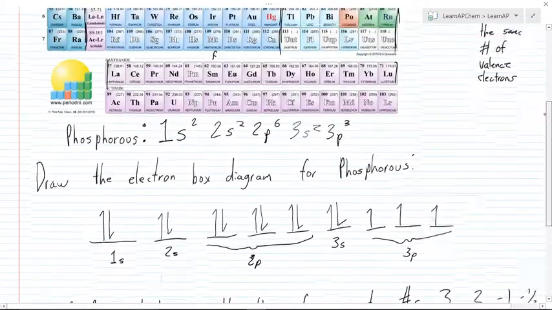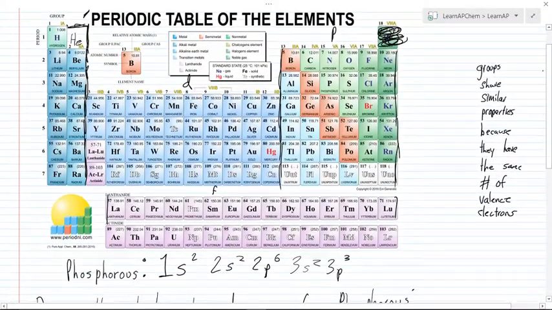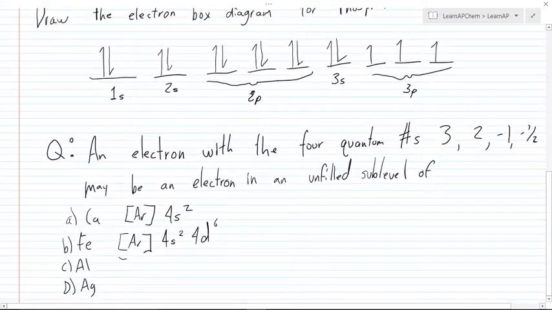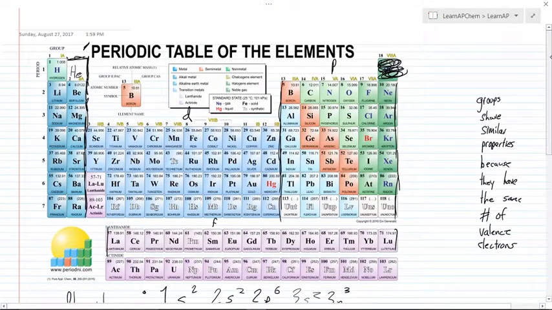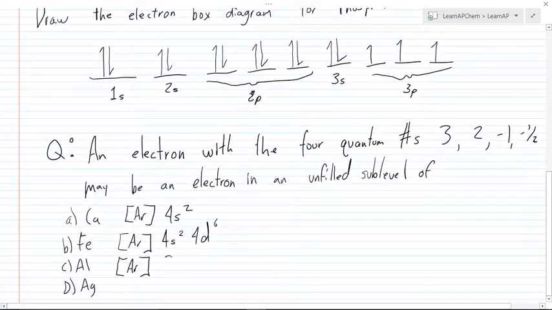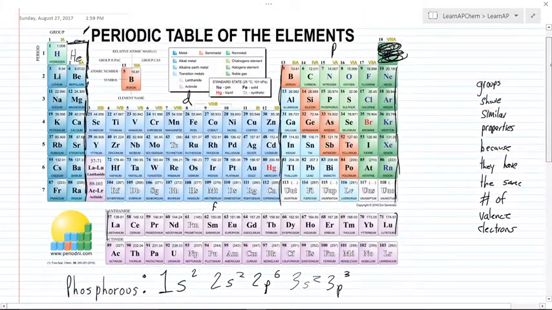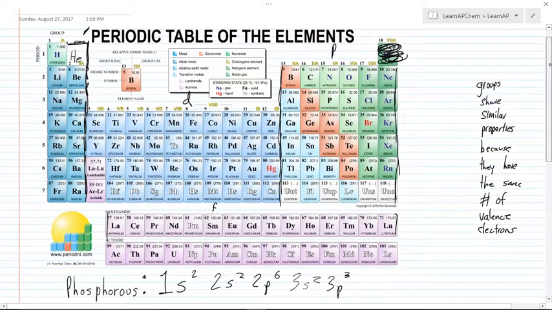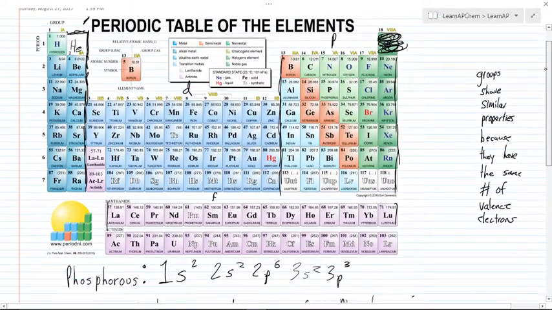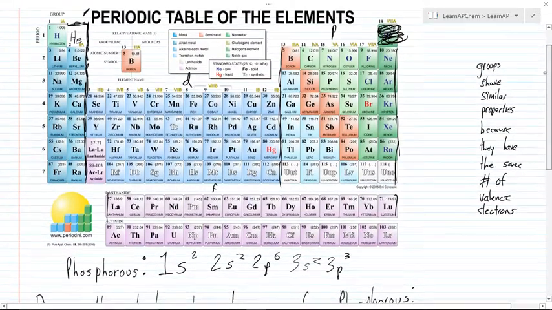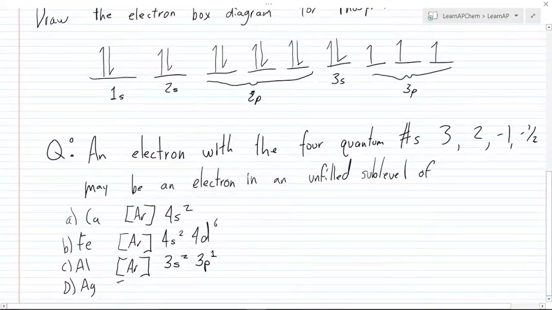And then aluminum, if I can find it. Okay, here it is. Neon, 3s2 3p1. And then silver is krypton 5d9. Okay.